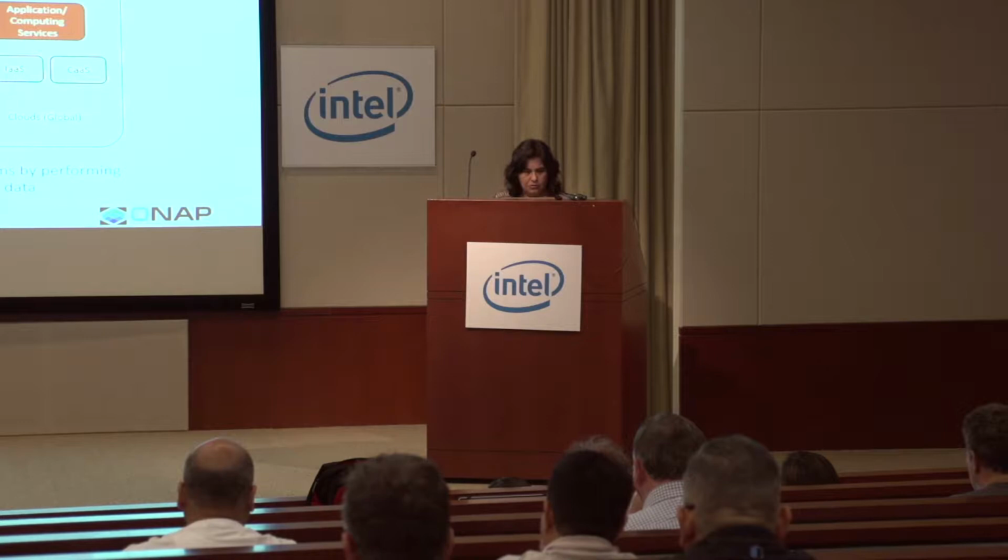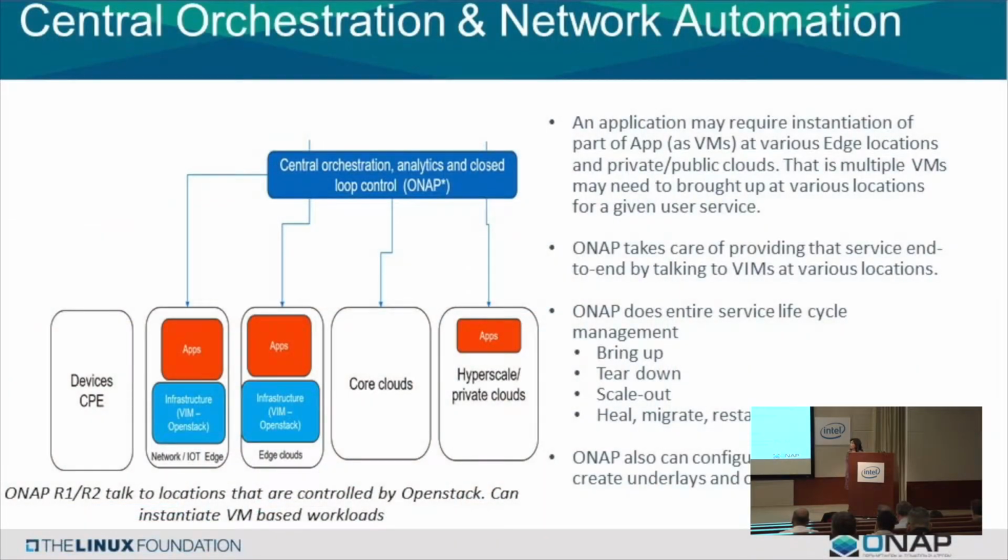Another trend in the industry is automation and orchestration around network services, and ONAP is one of those examples. So in the previous slide, we saw that one application may require you to spin up VMs in multiple locations. Like you may need a VM to be spun up on your private cloud and another VM to be spun up in an edge cloud, and they all provide the same service for the customer.